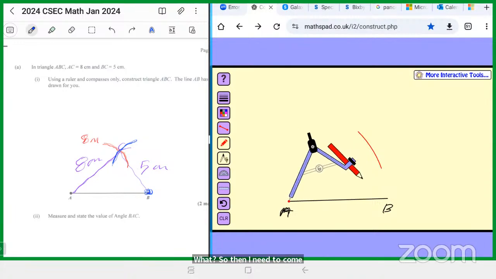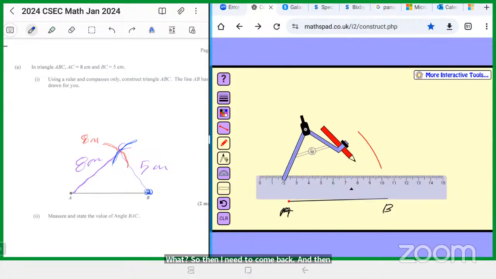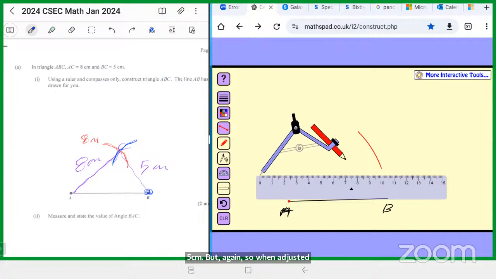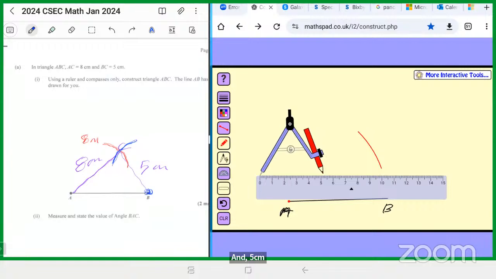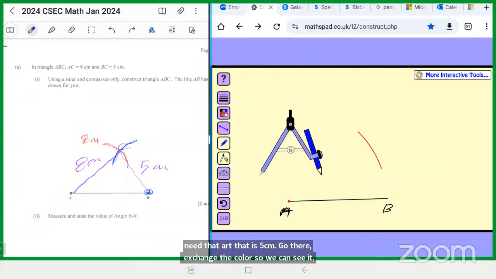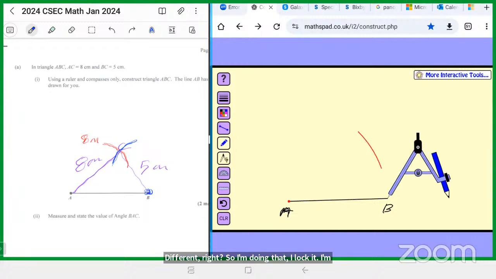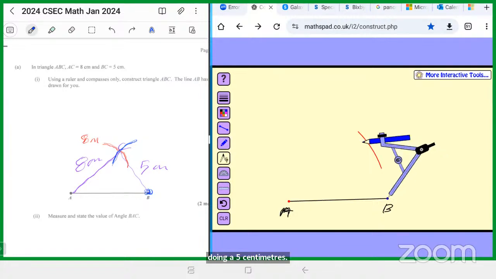Then I need to measure 5 centimeters with the ruler again, so we're going to adjust it. I need an arc that is 5 centimeters, but let's change the color so we can see it differently. I lock it, and I'm doing 5 centimeters from B now. I rotate around and make an arc.